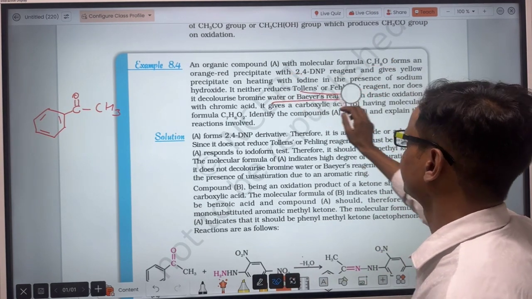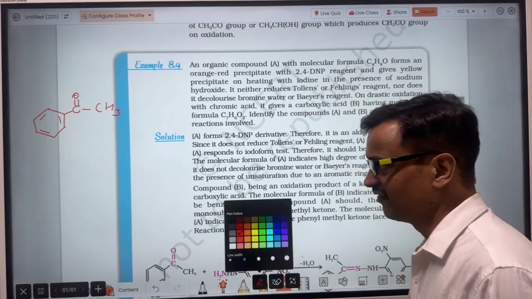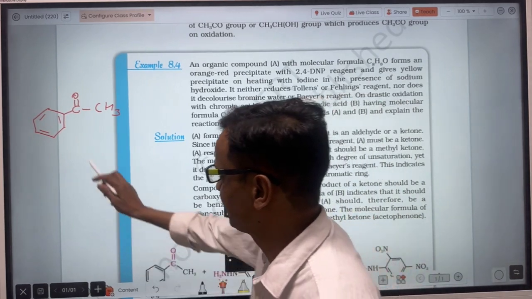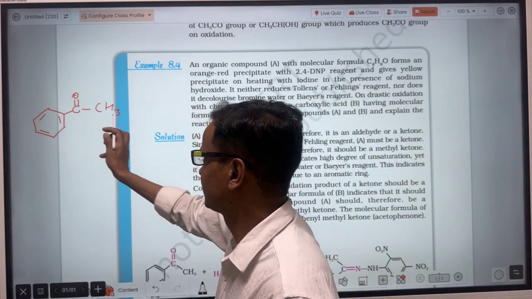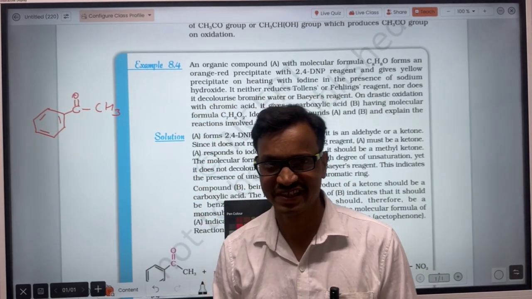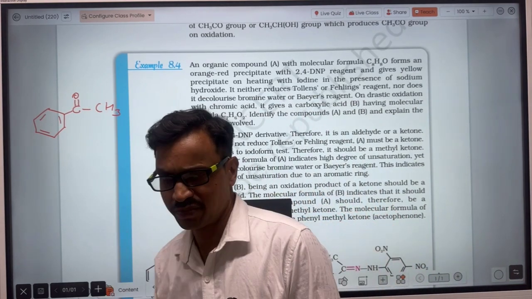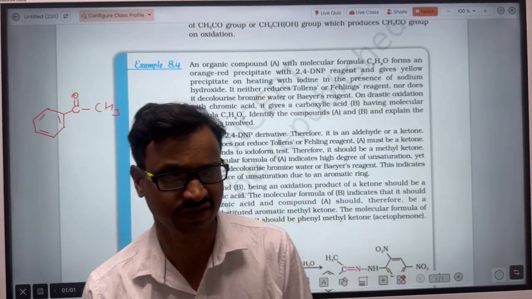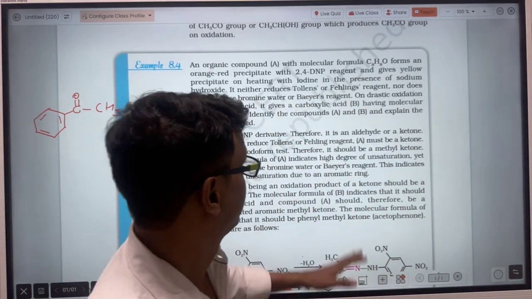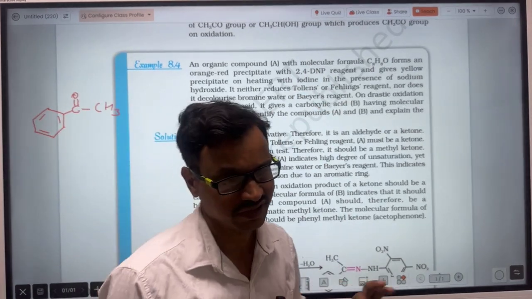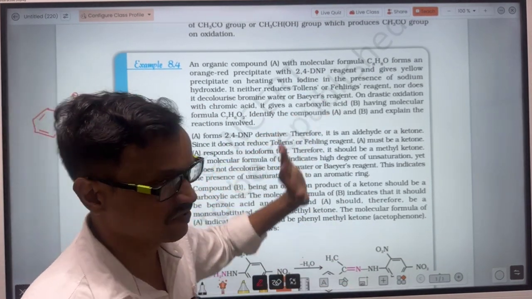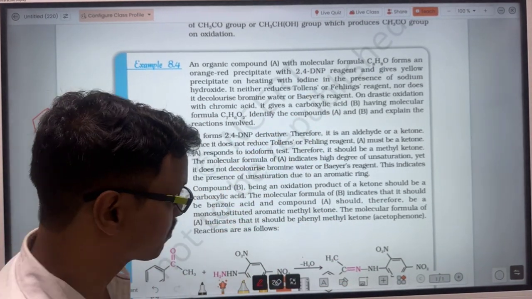So here 5 hydrogen will be at the benzene and 3 hydrogen here, so 5 plus 3, 8. So the structure which I have drawn may be the structure of the compound.